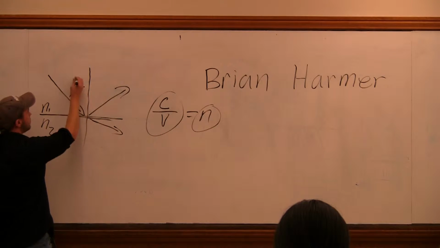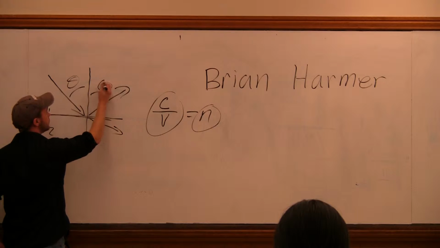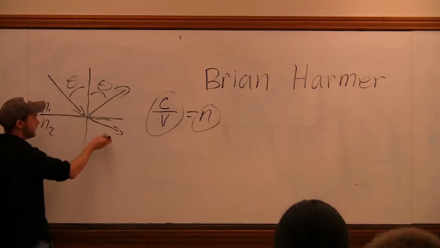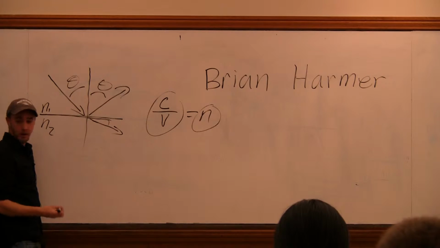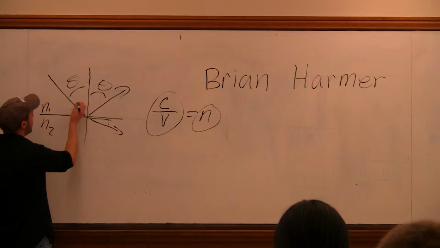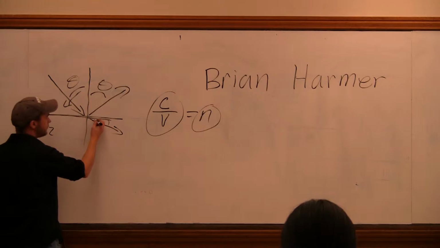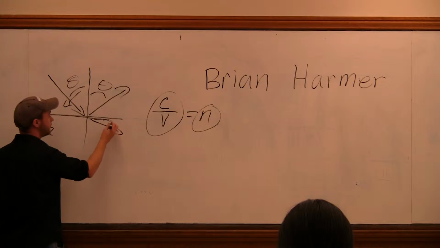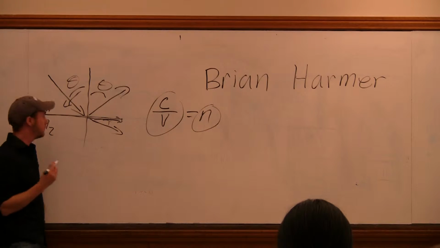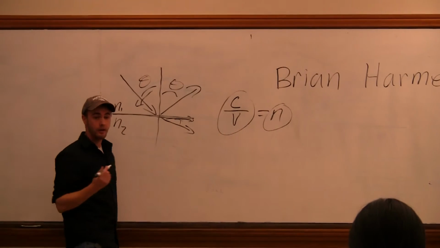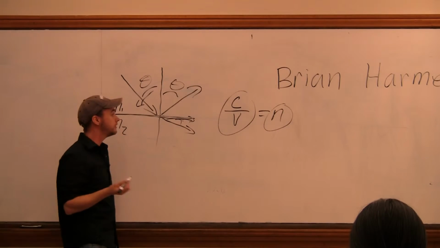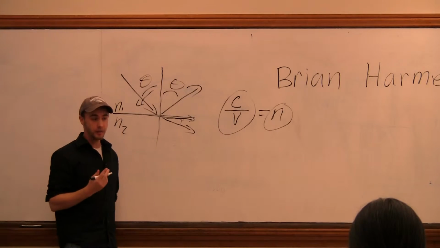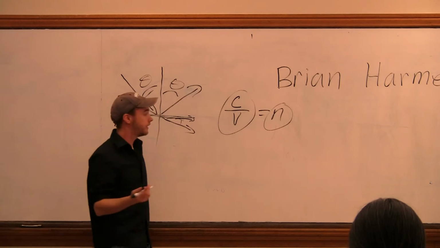This angle is the same as the angle for the reflected ray, and our refracted ray is at some arbitrary angle. As this angle increases, our refracted ray is eventually eliminated at what we call the critical angle. And this property we call total internal reflection. This is the property that fiber optics use for light to propagate through the fiber.